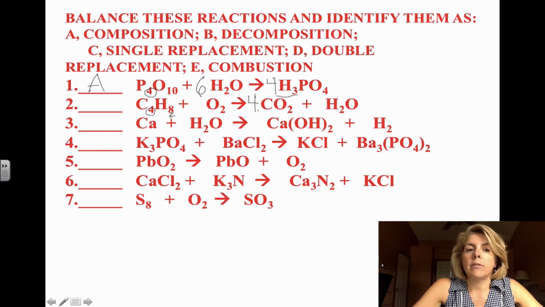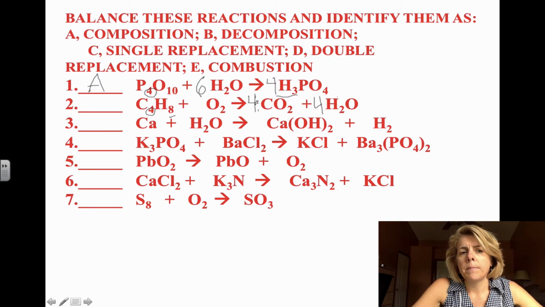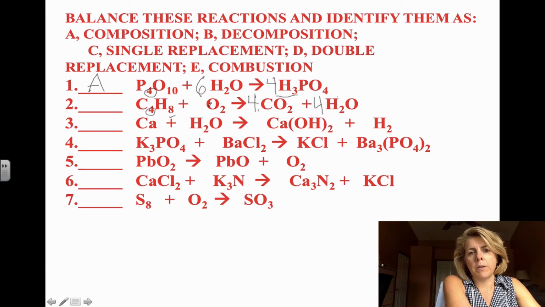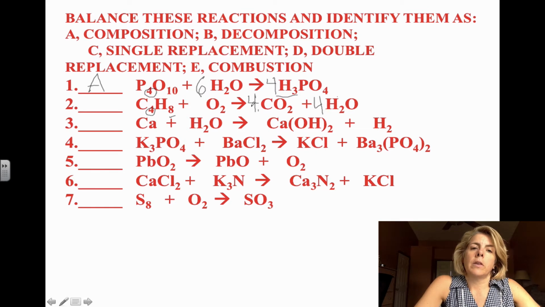Now I have 8 hydrogen on the reactant side, so I can put a 4 here, and hopefully this balances everything out. So now I have 8 hydrogen, I have 4 oxygen here, and then I have 8 there. So the question is, what do I put in front of this oxygen here? Like I said, I have 8 plus 4, that's 12.